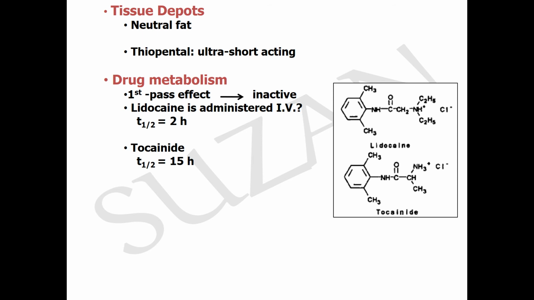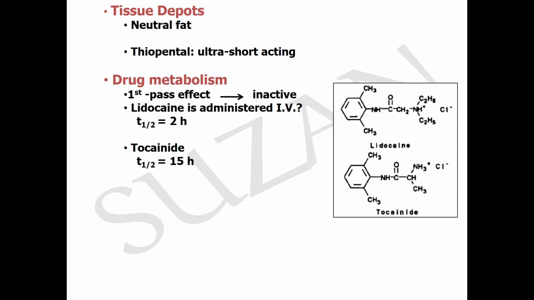And by this, the effective concentration is present only when the drug first enters the brain and is present in high concentration to produce the pharmacological effect, which is anesthesia.